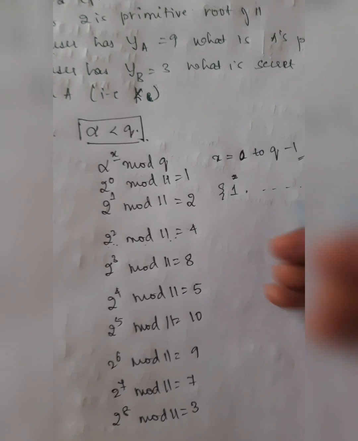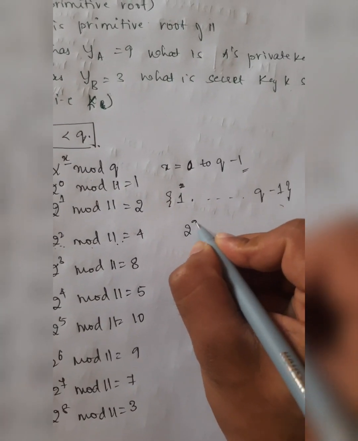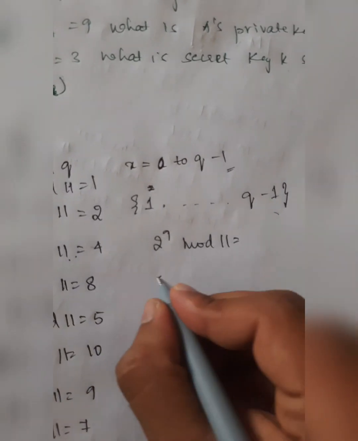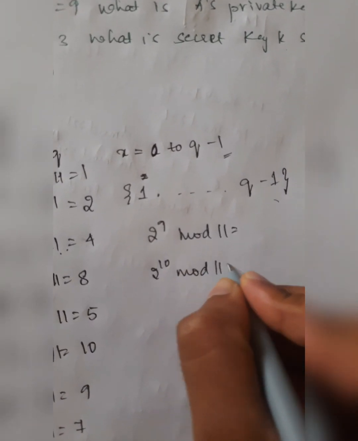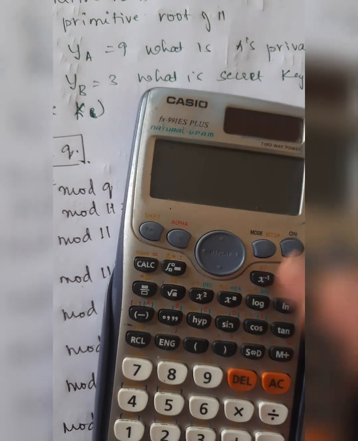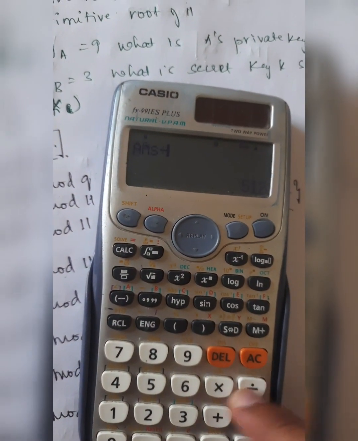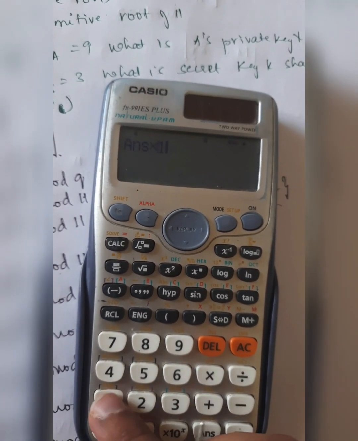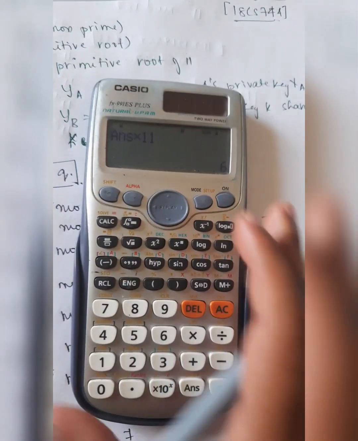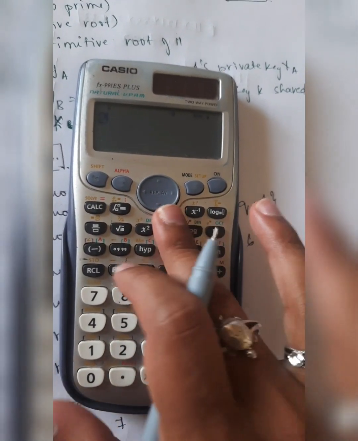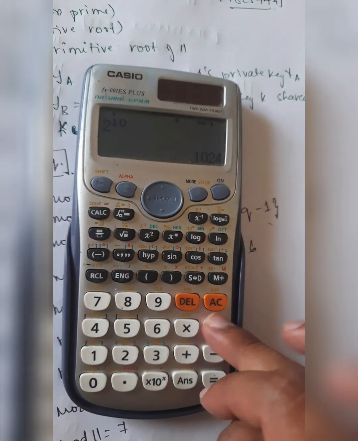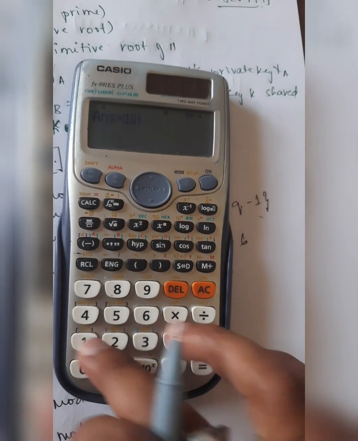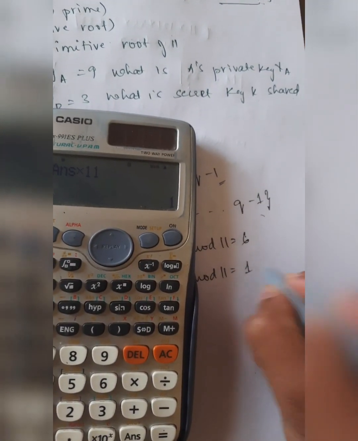Another two more values, 2 power 9 and 2 power 10 modulus of 11. 2 power 9 divided by 11 minus 46 into 11, we get 6. And 2 power 10 divided by 11 minus 93 into 11, we get 1, correct?